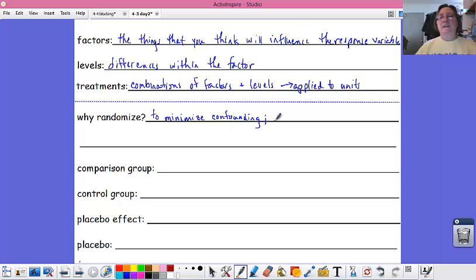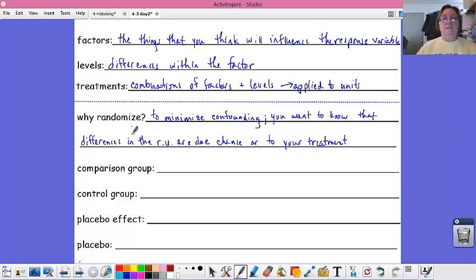You want to know that differences in your response variable are happening either due to chance or due to your treatment. Differences in the response variable are due to chance, there's nothing you can do about that, or to your treatment. And if you see a significant difference in your response variable, that's probably not chance, it is your treatment. That's why randomizing is important, okay?